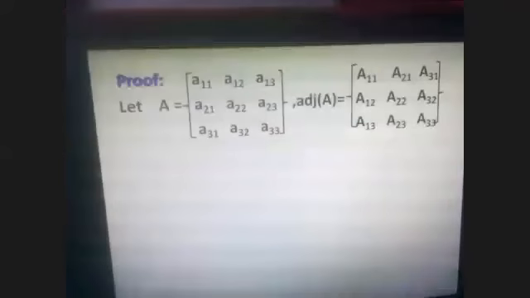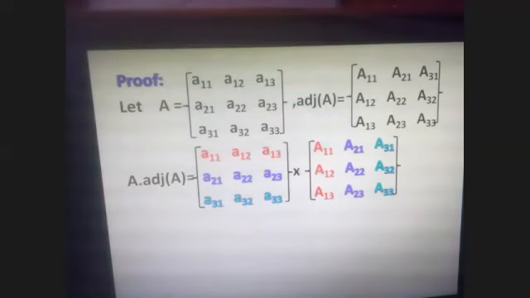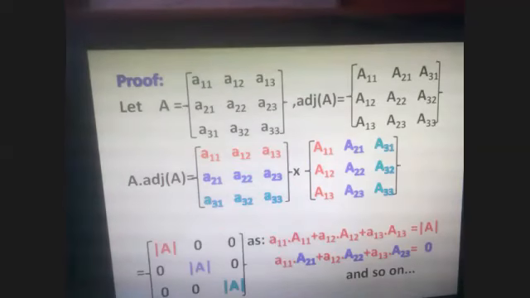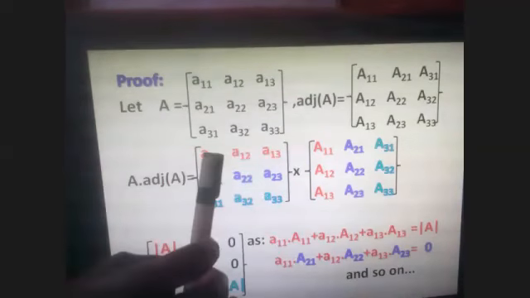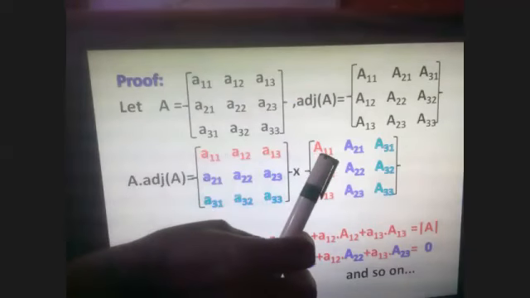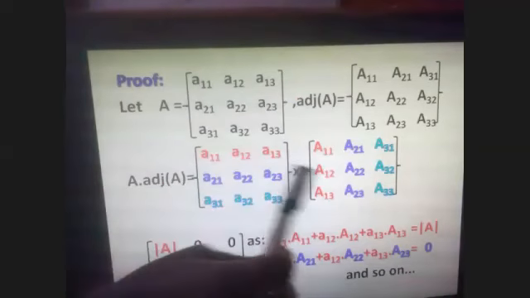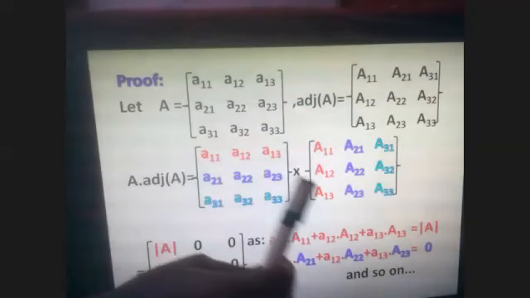That is the third column. Now when you take A into adjoint of A, matrix multiplication is a row column operation. First row with the first column. This is A11 into capital A11 plus A12 into capital A12 plus A13 into capital A13.